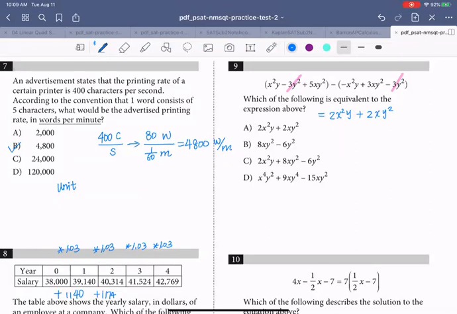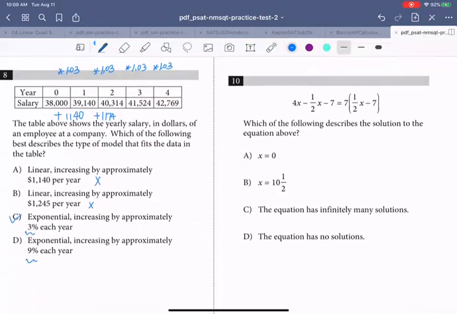Two x squared. Yeah, it should be A. This is about combining the like terms. Okay. Now let's do number 10.